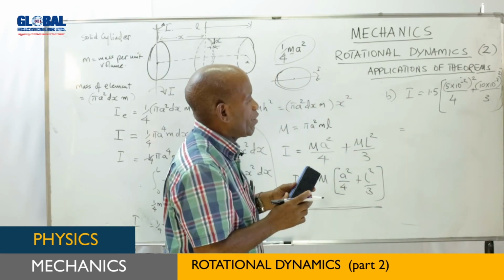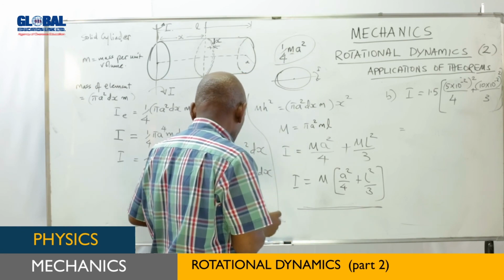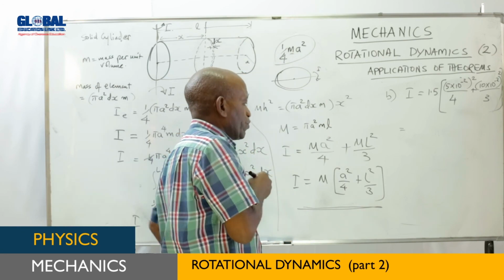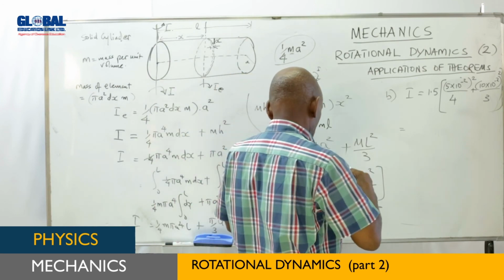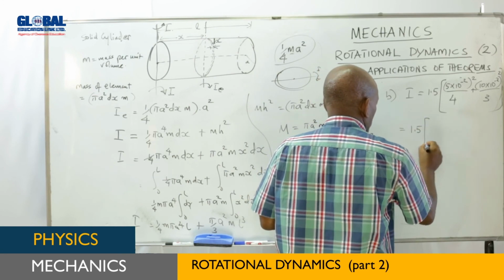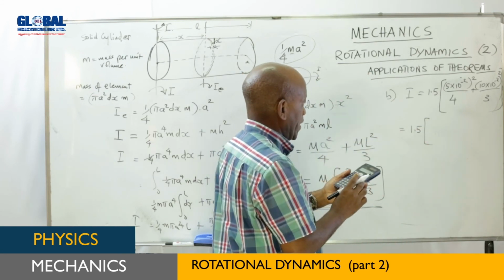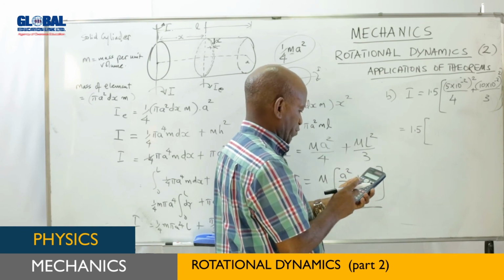And then from there, it's a matter of just using your calculator. So if we use your calculator, you are going to get something like this. This will be equal to 1.5, and inside there, we are taking 5 times 10 power negative 2.